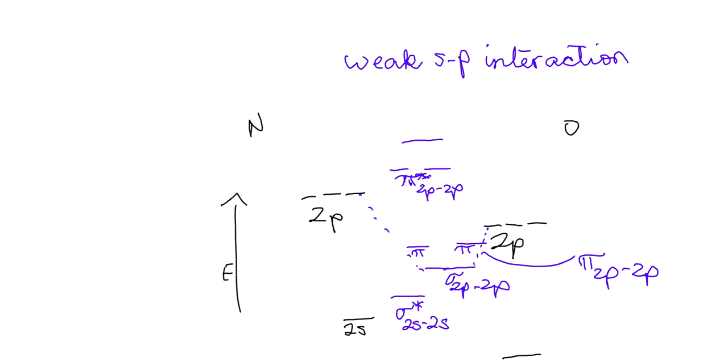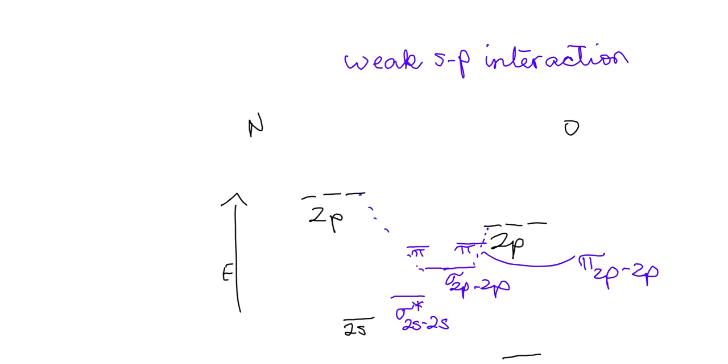Should make sure I have equal energy above. So hold on a second. Let me get that up. And my sigma star. Let's see. Pi star. Gotta make sure my energies look reasonable.